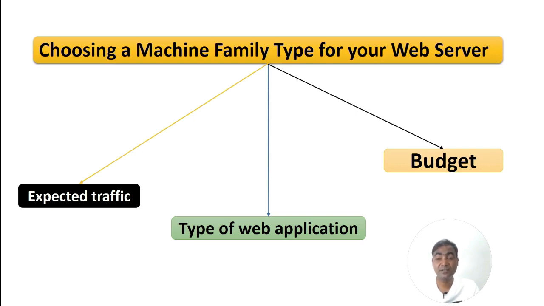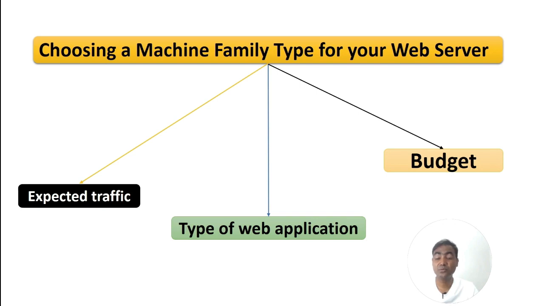Secondly, I'll discuss the type of web application. Some web applications such as e-commerce sites or social media platforms are more demanding than others. If you are running a complex web application, you need a machine type that provides the necessary computing resources.